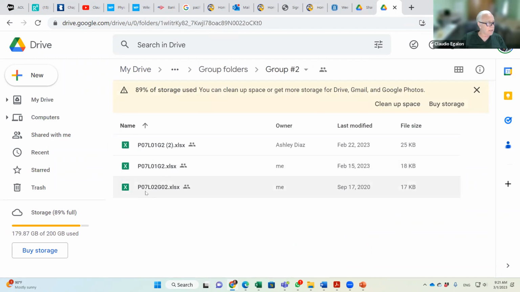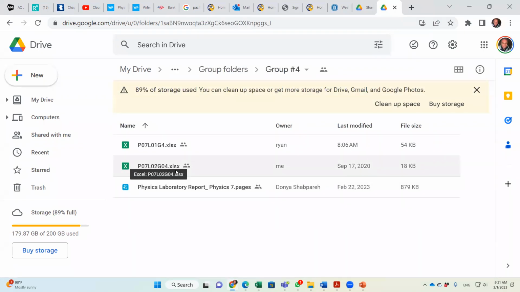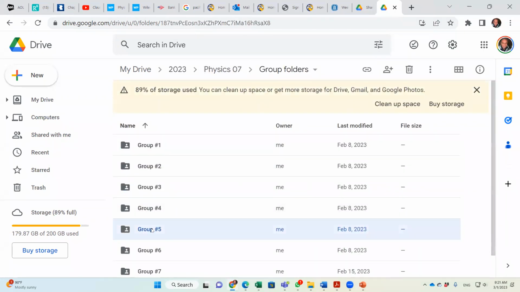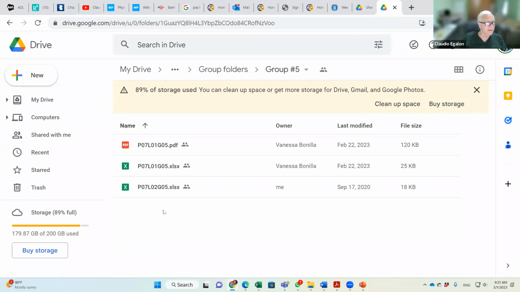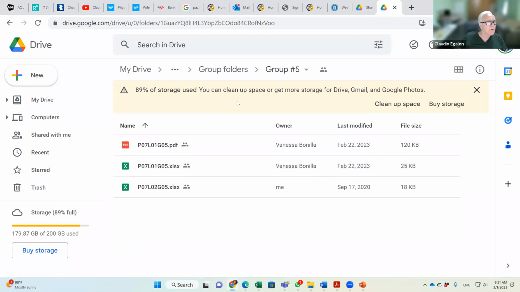Group 2, P07L02G02. Group 3 already saw that. On my end, I don't see it. You still don't see it? No, sir. Check with your other group members, see if they can see it. Maybe there might be a problem with your computer.